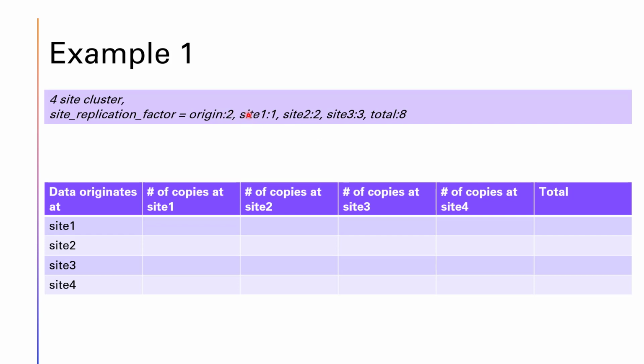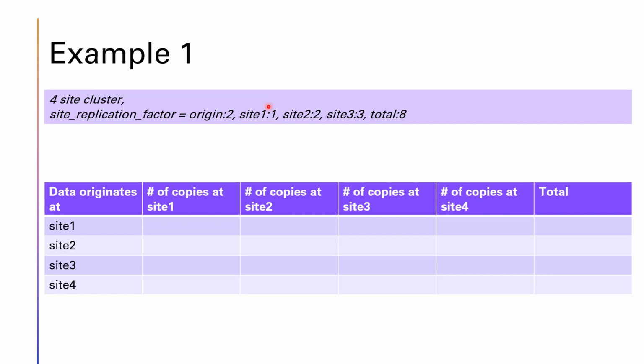So based on this configuration, let's see in this particular table what will be the number of copies each and every site will be getting. Let's start with site 1. Let's say the data is getting originated from site 1, that means we have a forwarder which is sending the data, connected to any of these peers which belong to site 1. So when we talk about site 1, that means the peers belong to site 1.